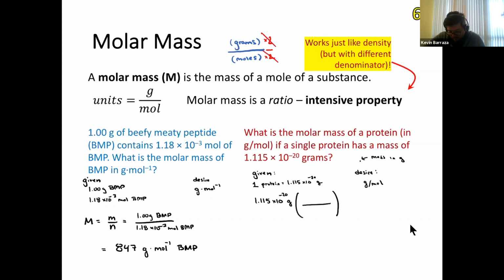So mole needs to be on the bottom, and that implies 6.022 times 10 to the 23 is on the top. So it's 1 for that. What does this come out to? 6715 grams on top, moles on the bottom.